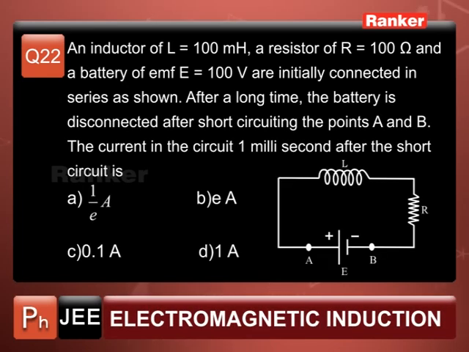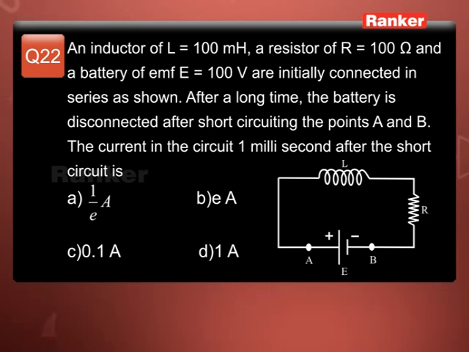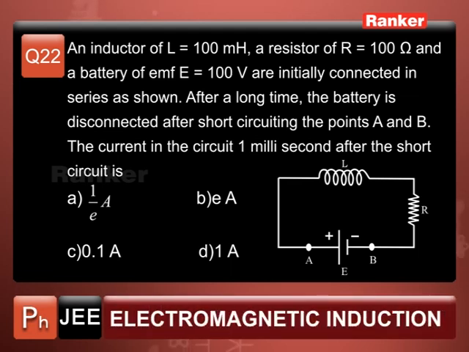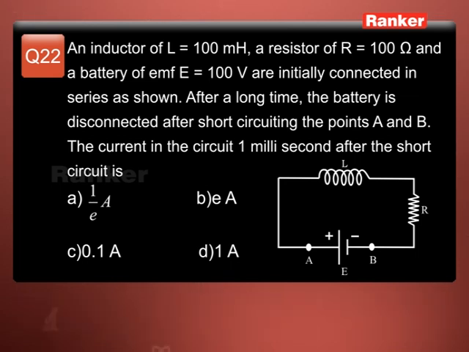An inductor of L is 100 millihenry, a resistor R is 100 ohm, and a battery of EMF E, also 100 volt, are initially connected in series as shown. After a long time, the battery is disconnected after short circuiting the points A and B. The current in the circuit 1 millisecond after the short circuiting is how much?